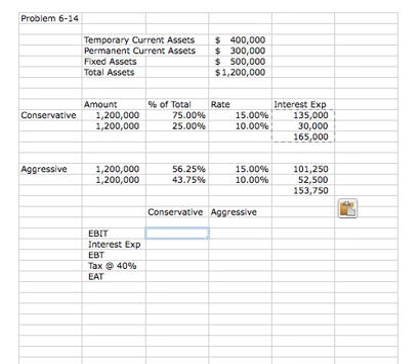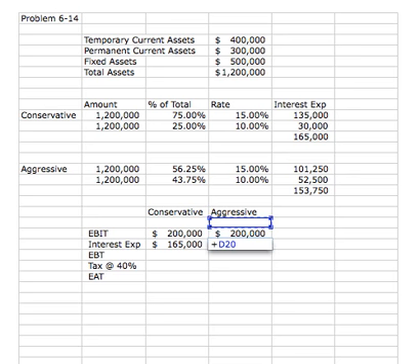So given that Guardian's earnings before interest and taxes are $200,000, let's calculate earnings after taxes for each of our alternatives. We're given earnings before interest and taxes, that's EBIT, of $200,000 for both the conservative and aggressive. Obviously it's going to be the same. Then our interest expense under the conservative method was $165,000, and interest expense under the aggressive program was $153,750.